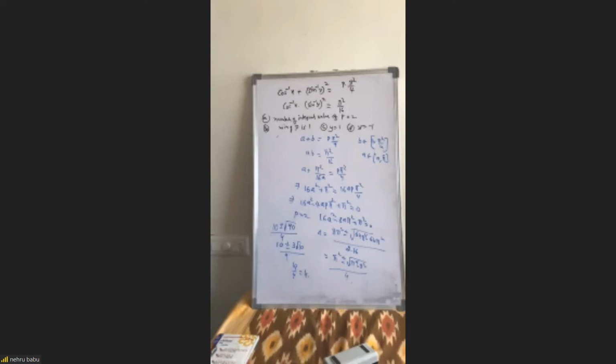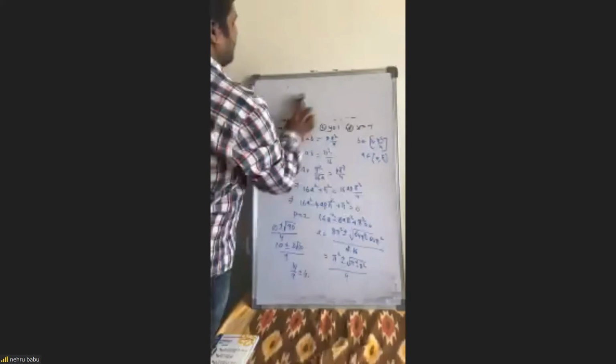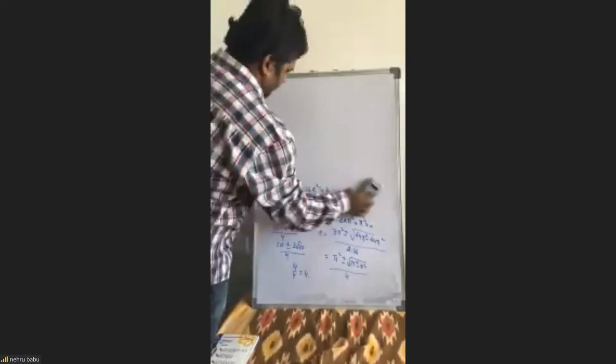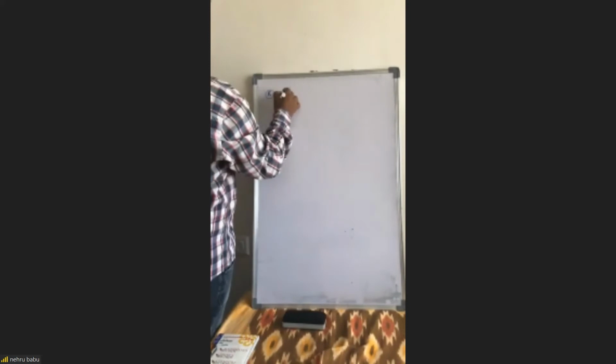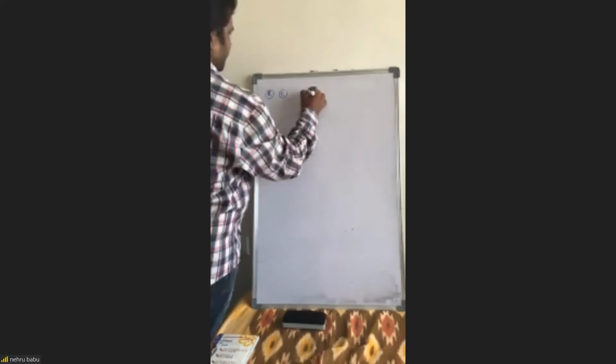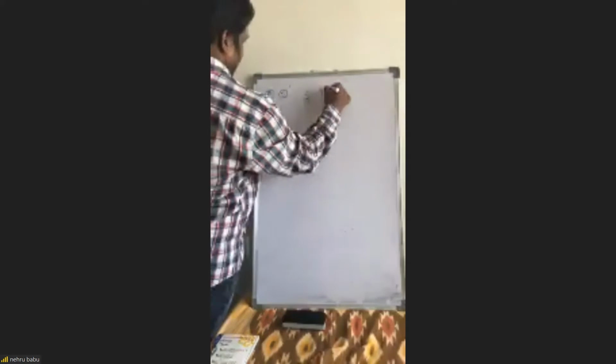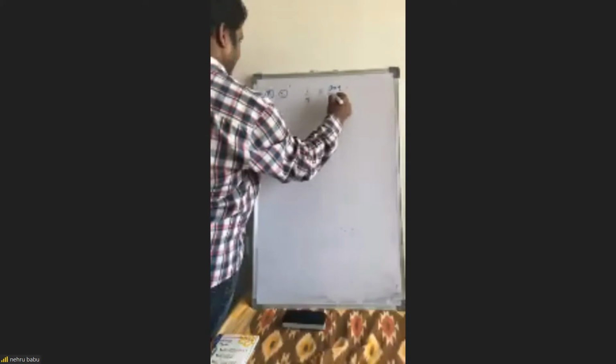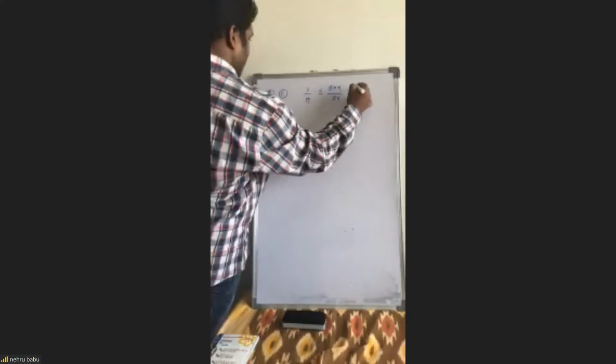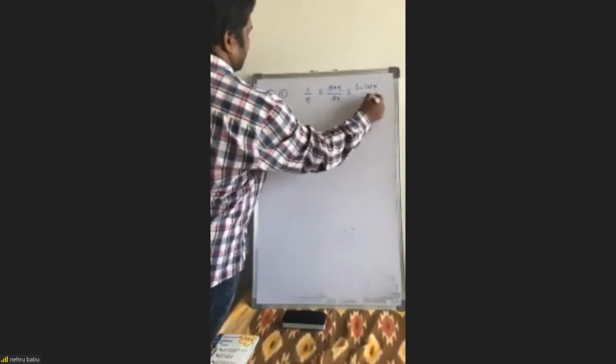Next, one more doubt. No problem. 1 by pi is less than or equal to sin x by 2x, which is less than or equal to 1 minus cos x by x square, for x in 0 to pi by 2.